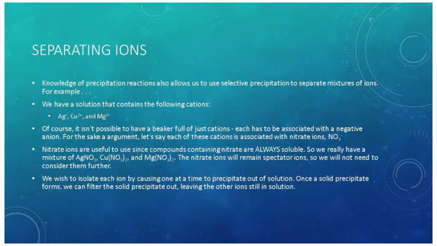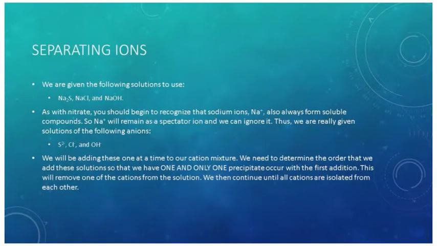We wish to isolate each ion by causing one at a time to precipitate out of solution. Once a solid precipitate forms, we can filter it out, leaving other ions in solution. We are given the following solutions to use: sodium sulfide, sodium chloride, and sodium hydroxide. As with nitrates, you should begin to recognize that the sodium ions, Na+, will also form soluble compounds, so the sodium will remain as a spectator ion, which we can ignore.